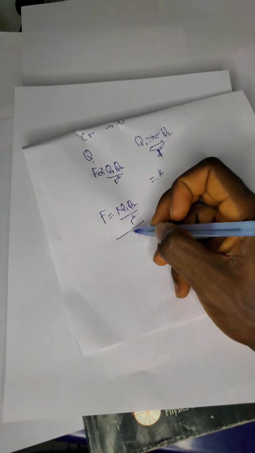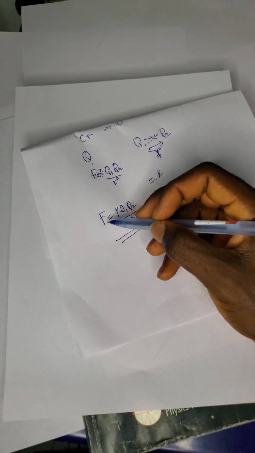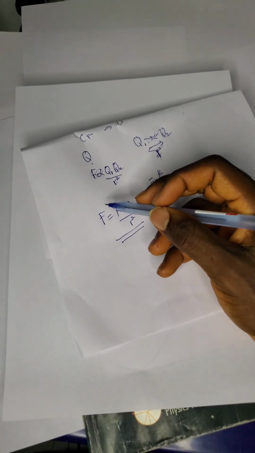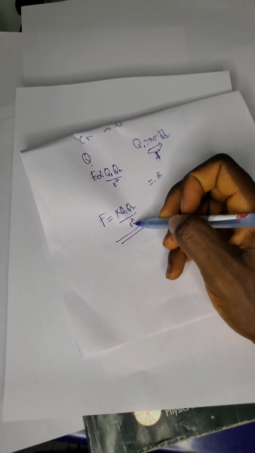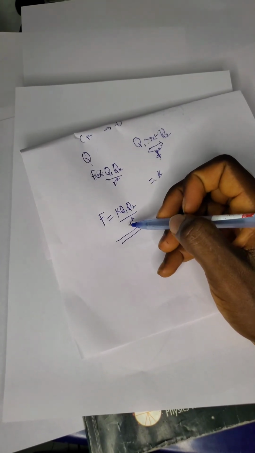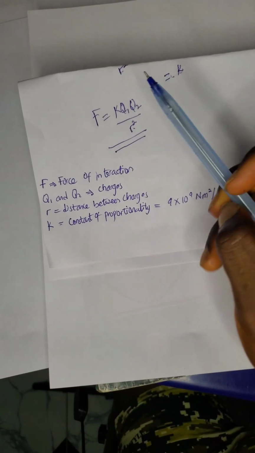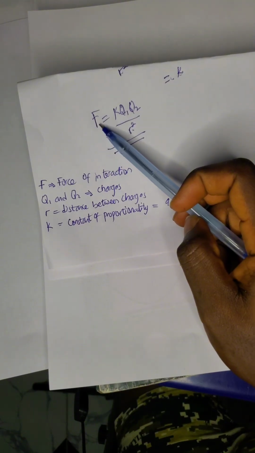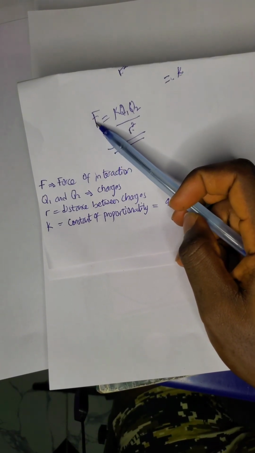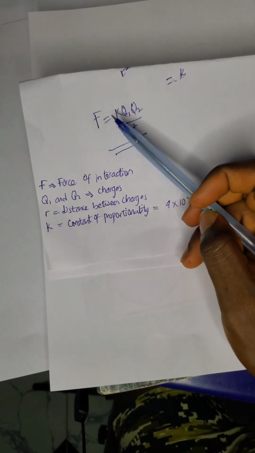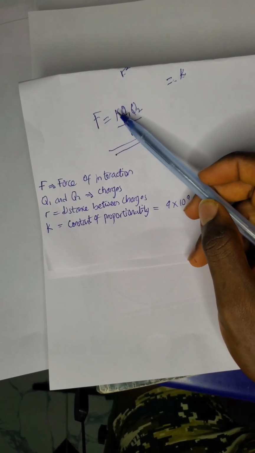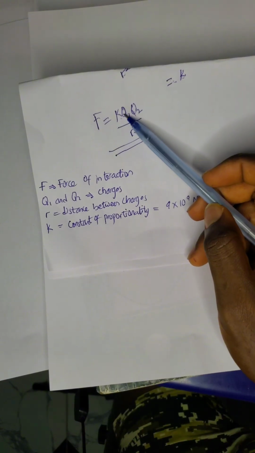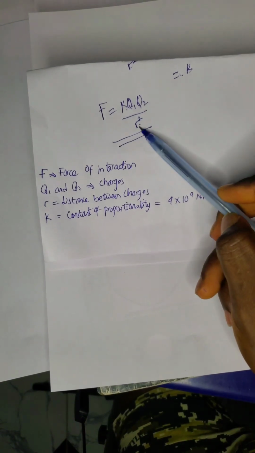So this is Coulomb's equation. The force of attraction or repulsion is directly proportional to the product of the two charges and inversely proportional to the square of the distance between them. Now, as stated before, F, which is the force of interaction, the force of attraction or repulsion, is equal to K, the constant of proportionality, Q charges and the distance between them.